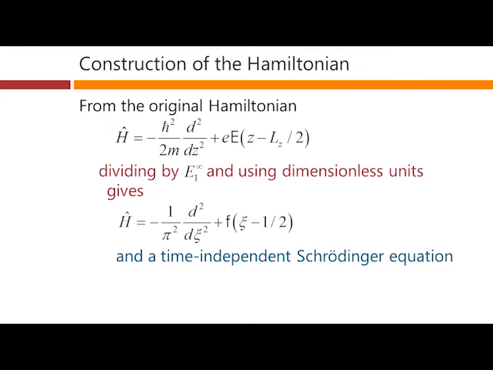And the time-independent Schrödinger equation in these dimensionless units would simply be H operating on phi of xc is equal to eta, our eigenenergy we hope to calculate, times phi of xc.